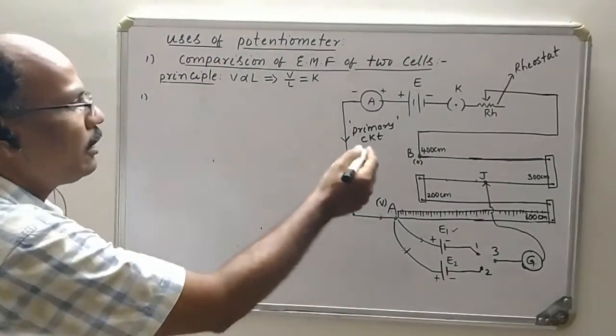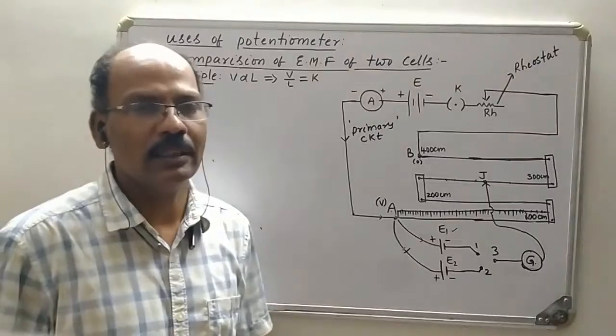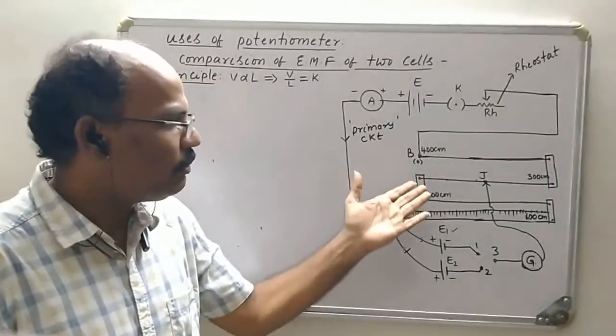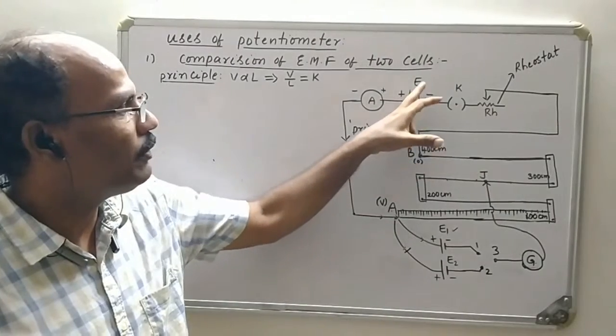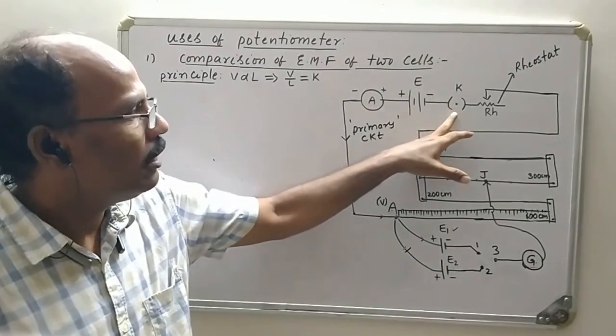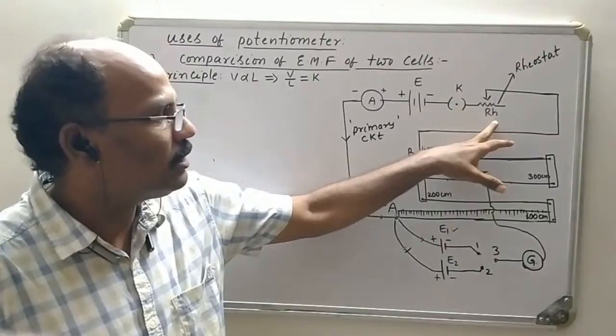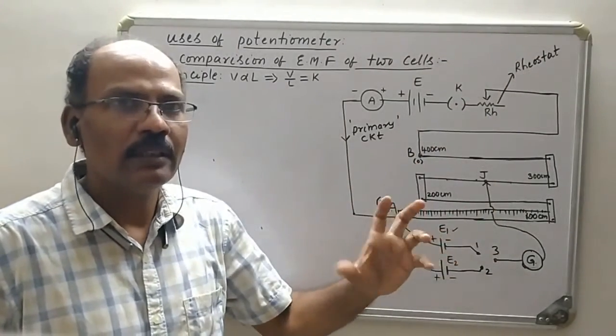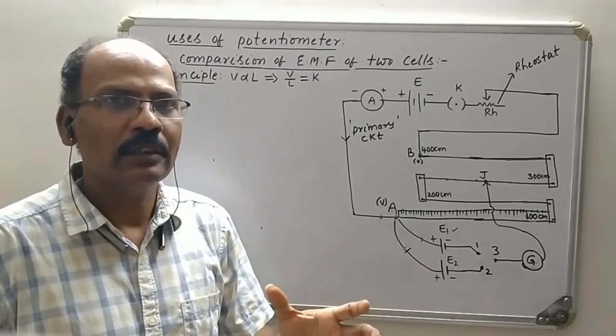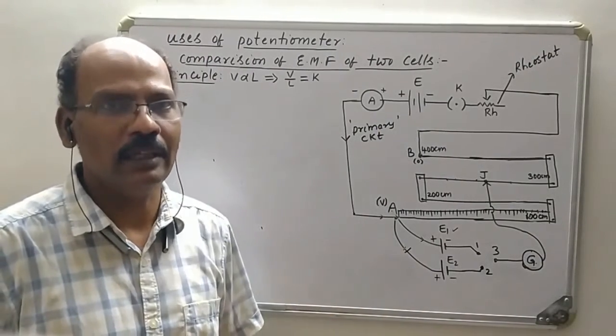So coming to the construction. The primary circuit consists of a battery of EMF E, a plug key K, and a rheostat having resistance RH, which acts as a variable resistance used to adjust and provide a constant current.